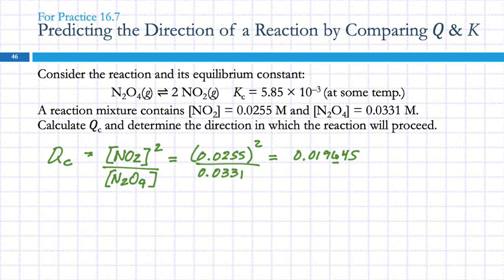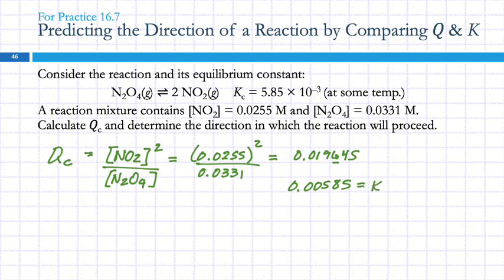And then we need to ask ourselves, is this number larger or smaller than that one? It can get a little tricky to compare numbers in decimal and scientific notation. I'm just going to write the other one in decimal notation. Might be a little clearer.